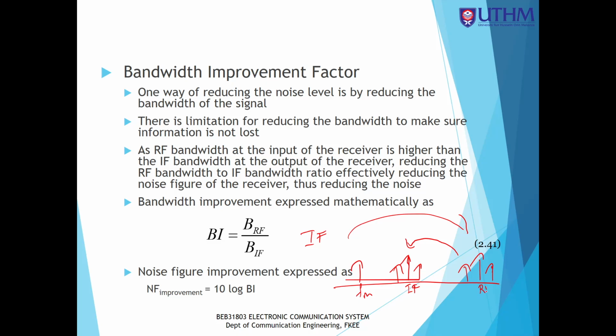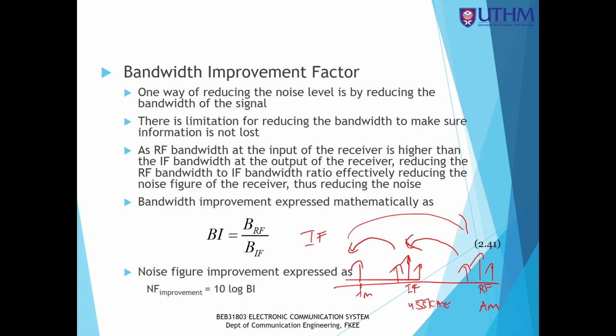This is the RF. When we do the demodulation process, first we down convert the frequency from RF to intermediate frequency. RF is the AM frequency, and the intermediate frequency is around 455 kilohertz, something like that. After IF, we down convert into the original modulating signal frequency.